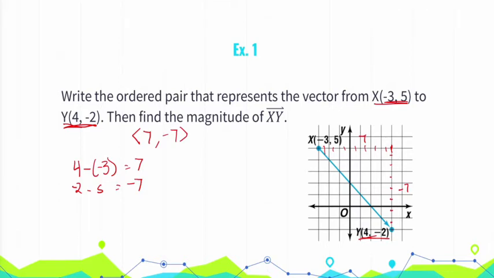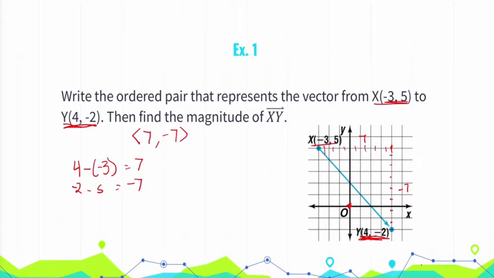Just make sure you do the end point minus the initial point. So that's going to get you the vector. And that would be what the vector would look like if we moved this endpoint to be here at 0, 0, then the other endpoint would be at 7, -7.